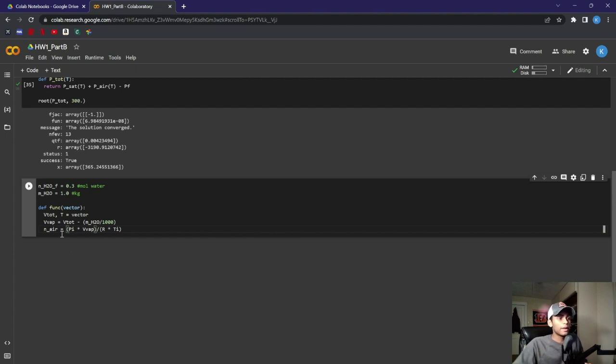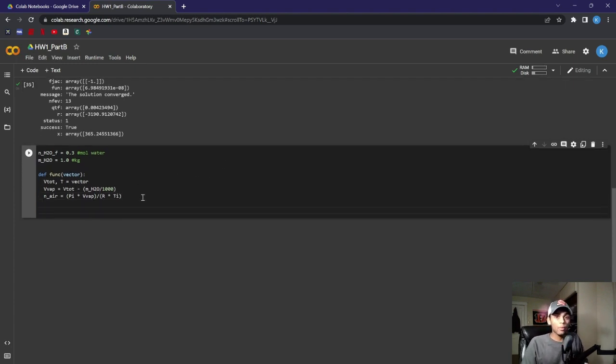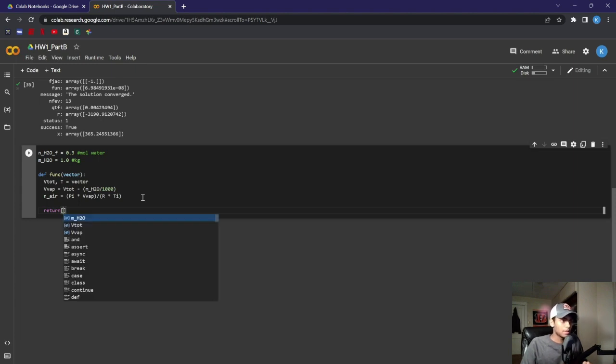So now we see that we have our volume of the vapor phase being referenced in this equation here. And so using this, we can now return our optimization functions. So return, and since there's multiple, we're going to create a list of them. Now we do these optimizations in the order that we input our vectors.